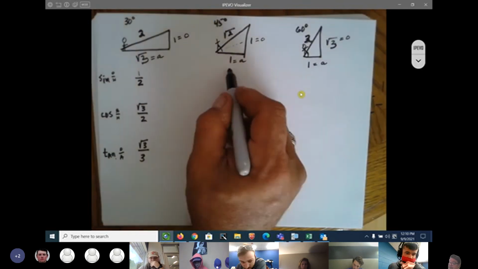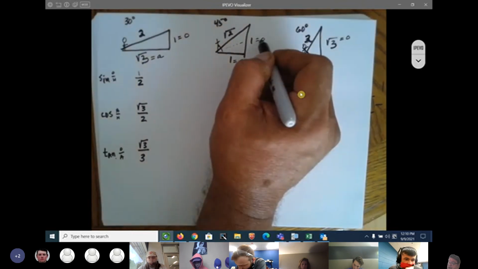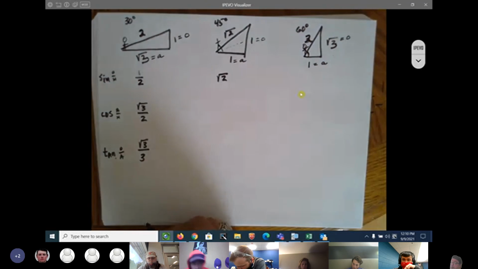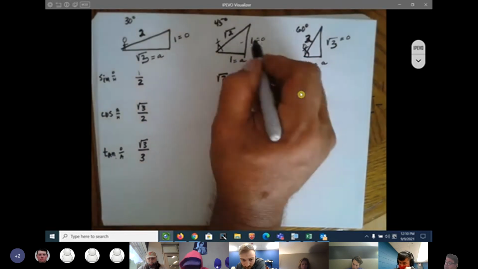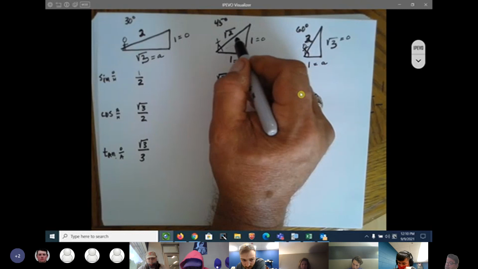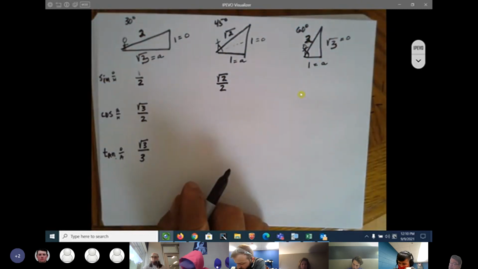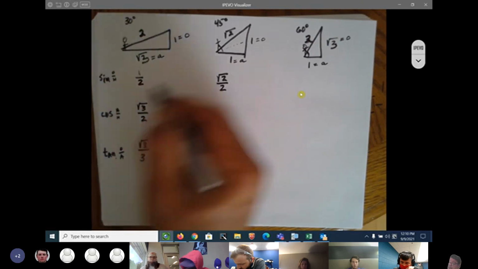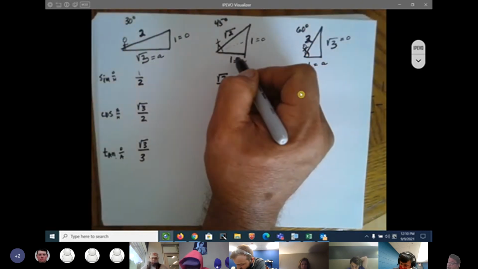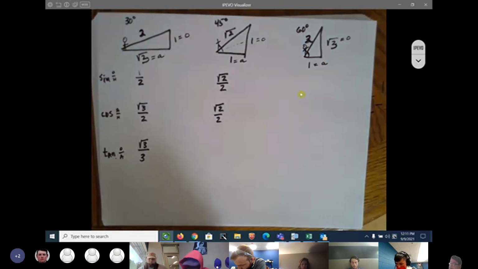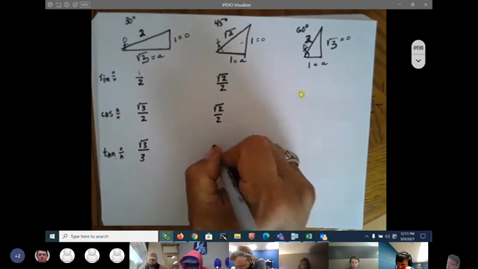Sine of the 45 is Oscar had 1 over the square root of 2, which is square root of 2 over 2, isn't it? Let's see. I'm doing everything in my head. The cosine is 1 over square root of 2, which is square root of 2 over 2. And the tangent is 1 over 1.